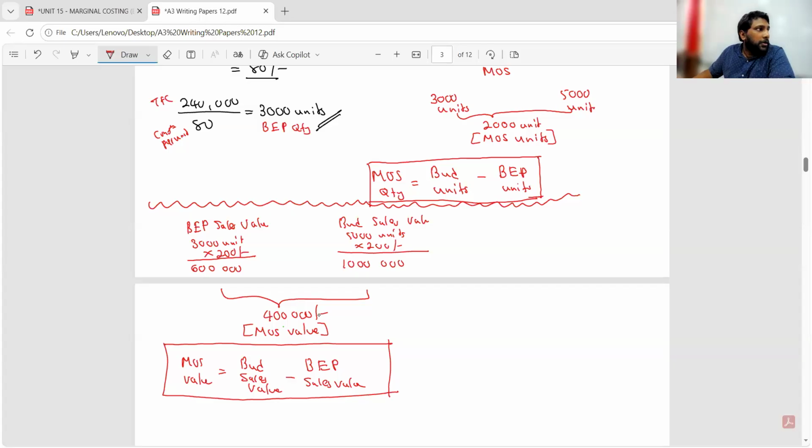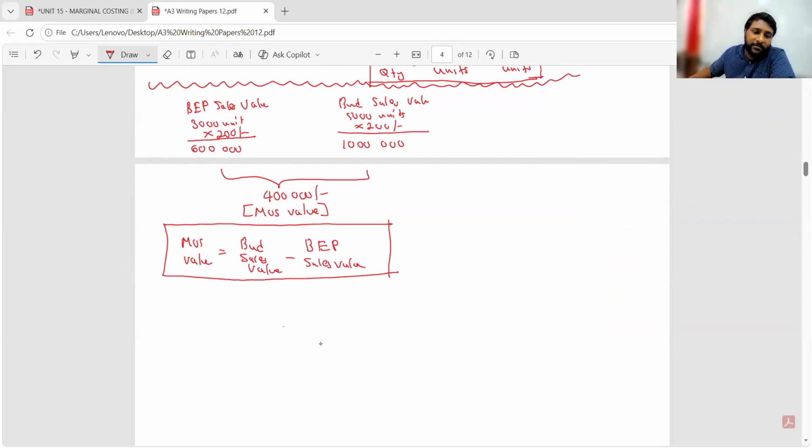This 400,000, we can get it in a different way. It's all about understanding. Margin of safety quantity multiplied by the selling price per unit will also give you the same 400,000.